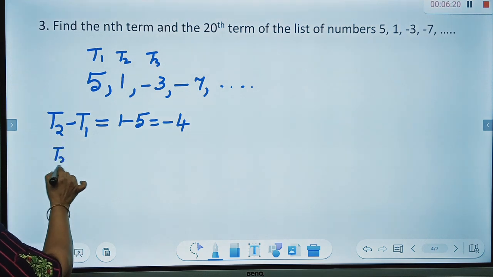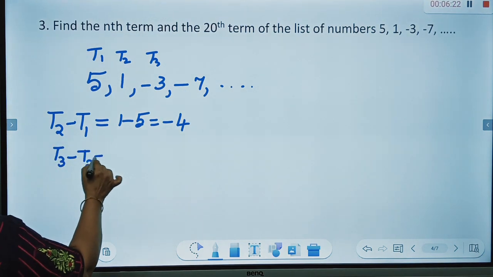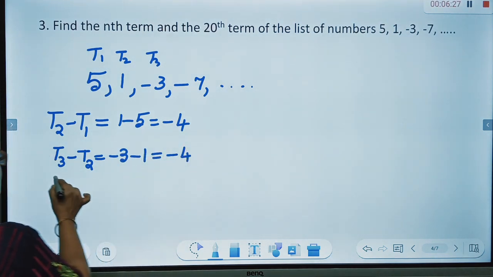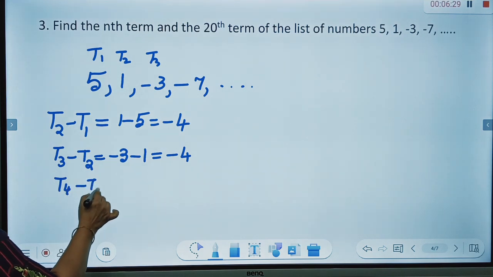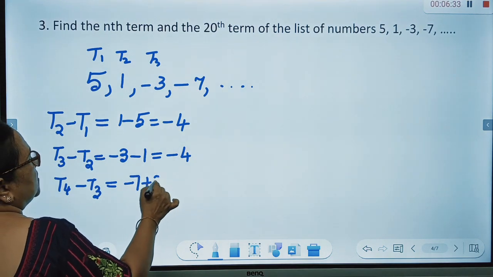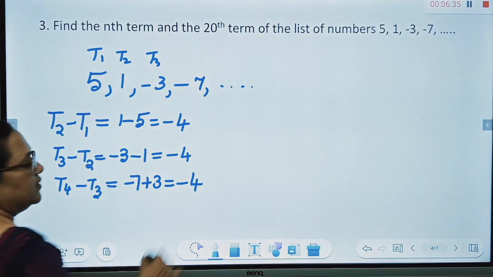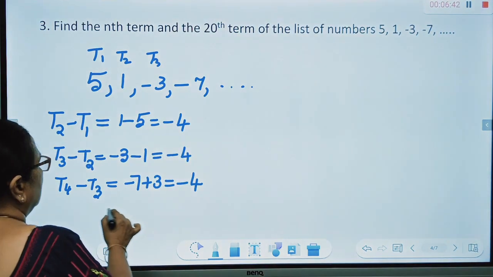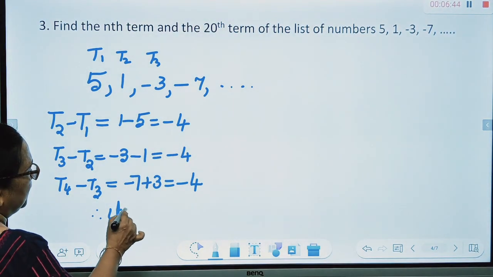Now T3 minus T2 will be minus 3 minus 1, which is minus 4. What will be T4 minus T3? Minus 7 plus 3, which is minus 4. Are you able to follow? So the common difference is the same. Therefore, it's an AP.